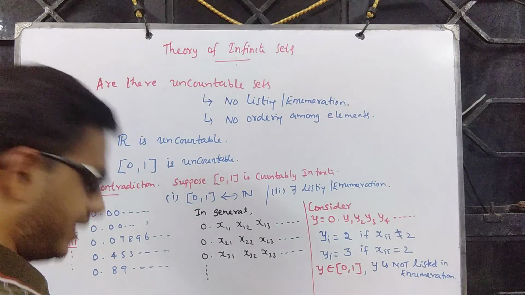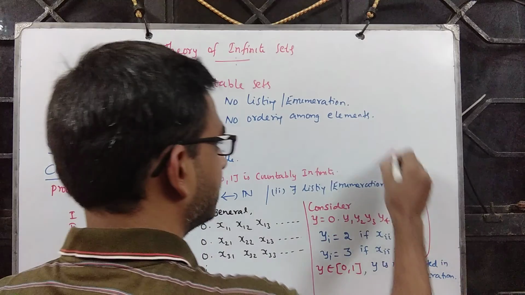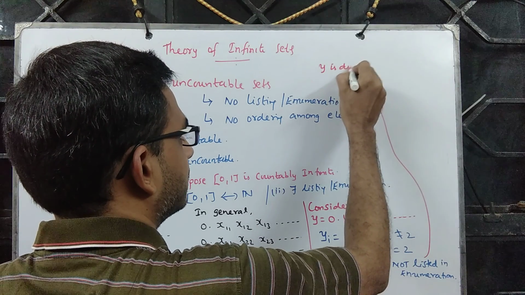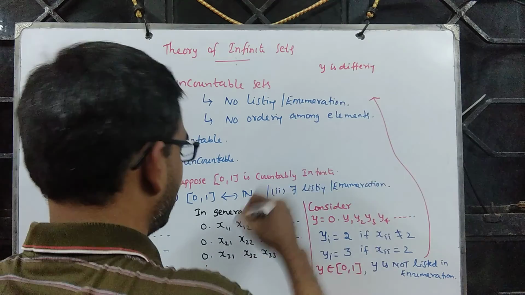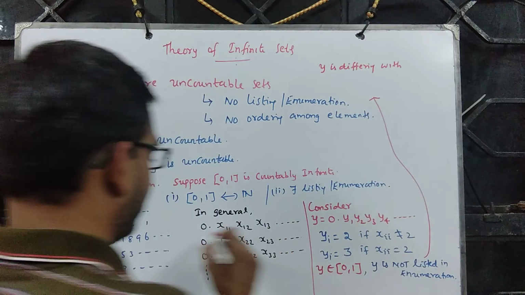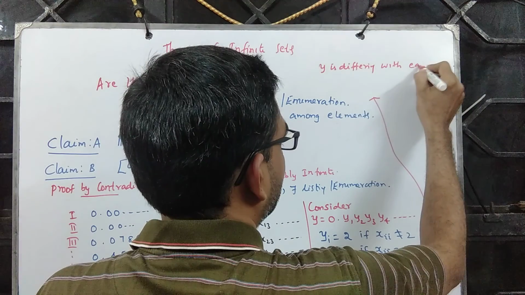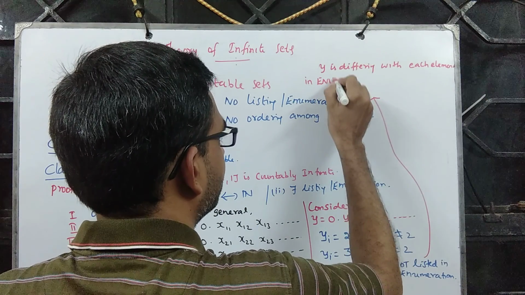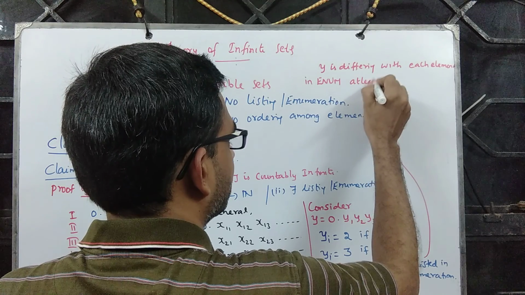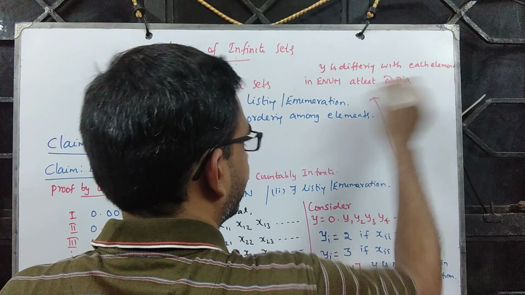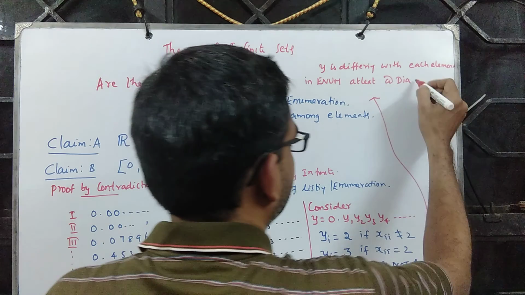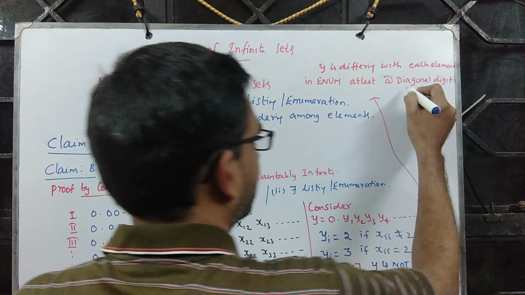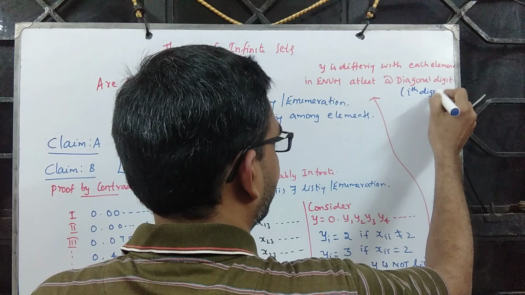The reason is y is differing with each element in the enumeration at least at the diagonal element or the ith digit. Correct? As per this, it is the ith digit. Correct?